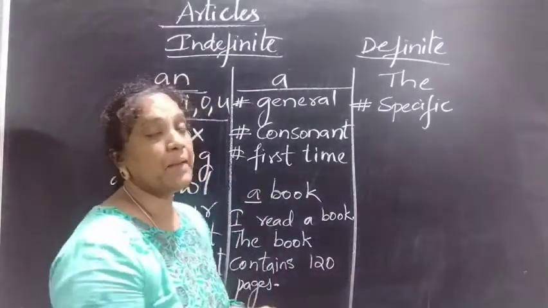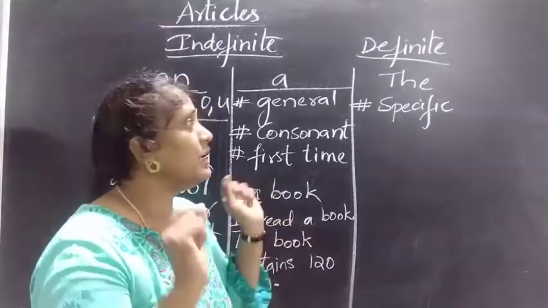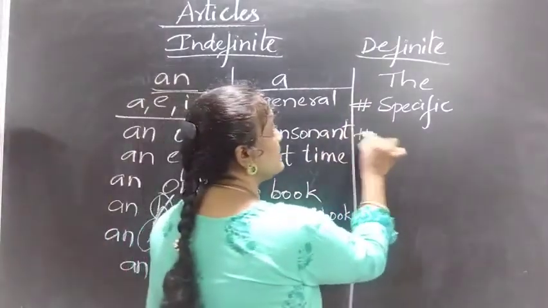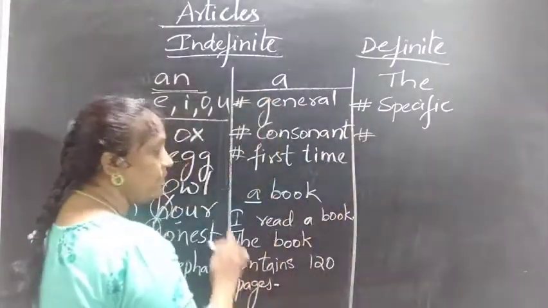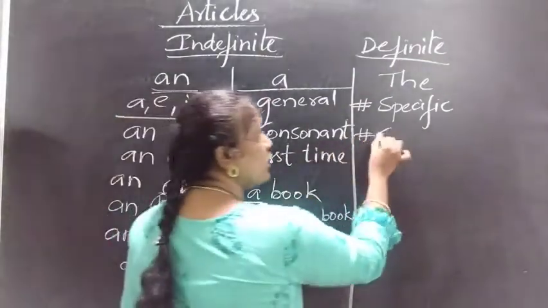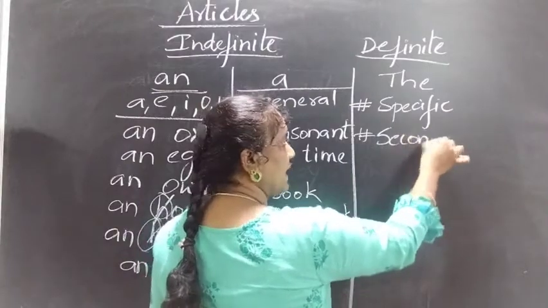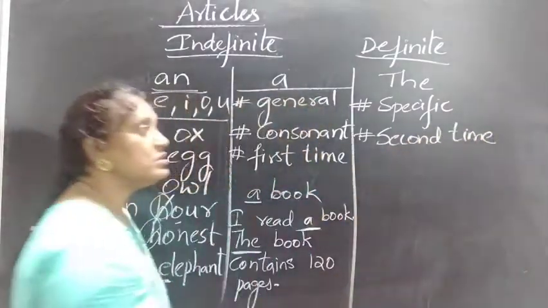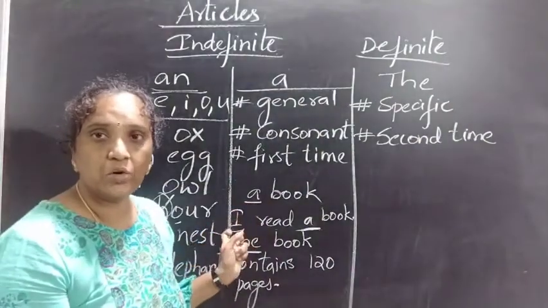So when I am talking specifically, particularly about the thing, I use the. And one more thing, if you are using it for the second time, already we mentioned it, for the second time I use the, first time I use a. So if you are using it in a sentence for the second time, then we use the.